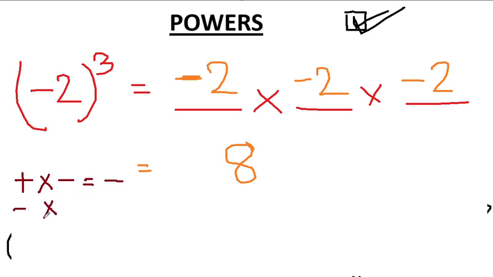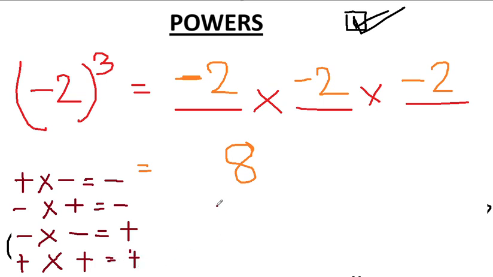When we multiply a negative sign with a positive sign, the answer is still negative. When we multiply a negative sign with a negative sign, it gives us a positive answer. A positive sign with a positive sign multiplication gives us a positive answer. So when the signs are same and we multiply them, we get a positive answer. When the signs are different and we multiply them, we get a negative answer.